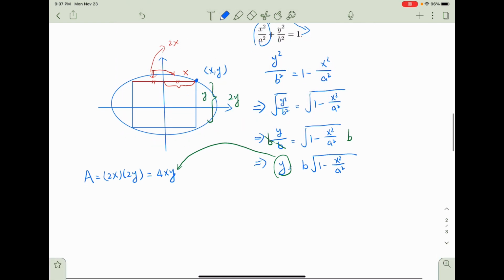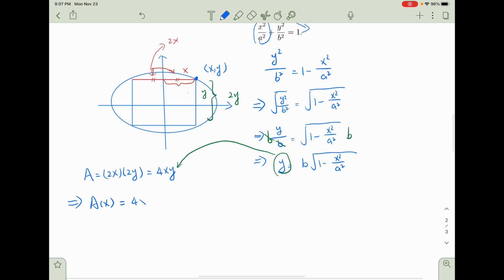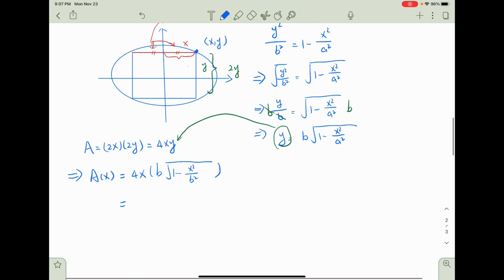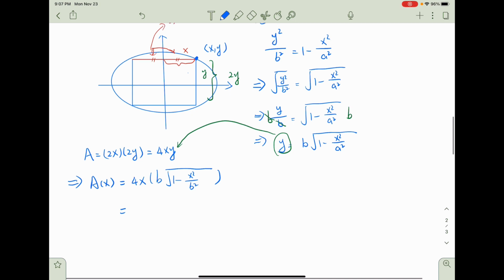And then now you have created your function A of x, which is equal to 4x times b times the square root of 1 minus x squared over a squared, right? And then we simplify this a little bit. Oh, this is a, not b, this one here.